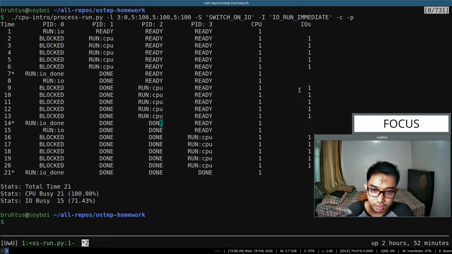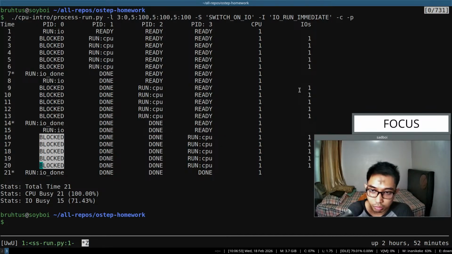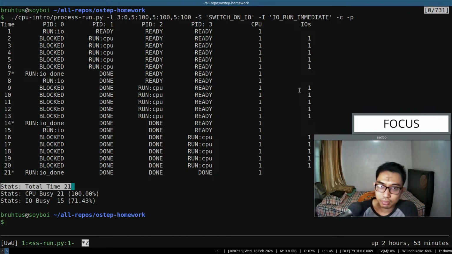So the second process is done. The input-output process is also done. We are running another input-output, and then while waiting for the input-output to finish, we run the third process, this one, and then this one is done and input-output is also done. So maybe this one is more efficient rather than using the input-output run later, right?